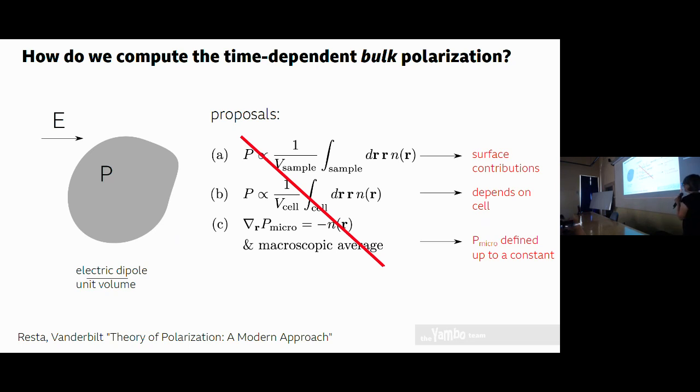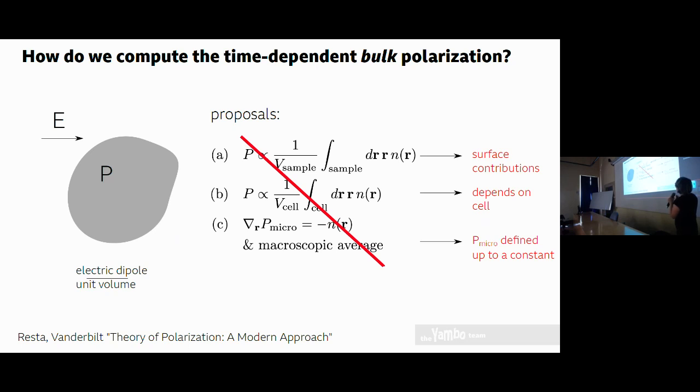So those are all not valid ways to calculate the bulk polarization. In the first case, if I calculate the polarization for the whole sample, I will also take into account surface contributions, which are very difficult to disentangle.